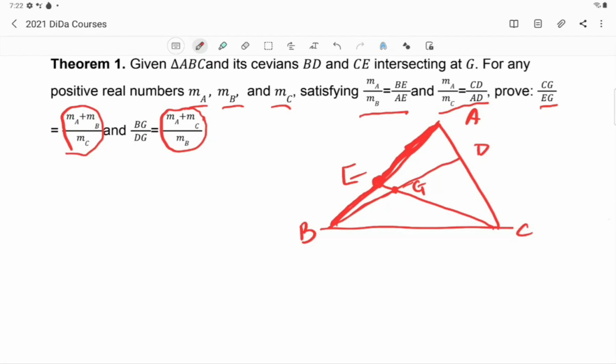So the way to do this, I'll use Menelaus.